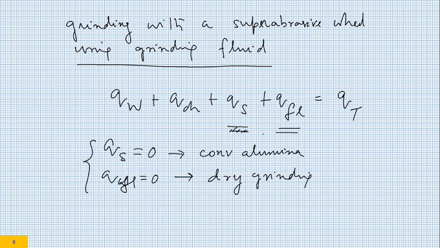The final one would be equally applicable for grinding with a conventional wheel with application of grinding fluid. So once all the terms are taken into consideration, the most generalized cases can be solved. So we will stop here once again. We will stop our 7.1b and we will reassemble shortly.